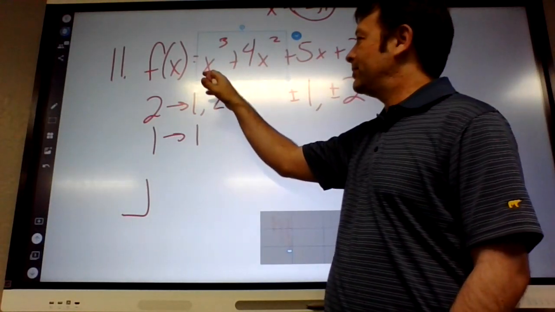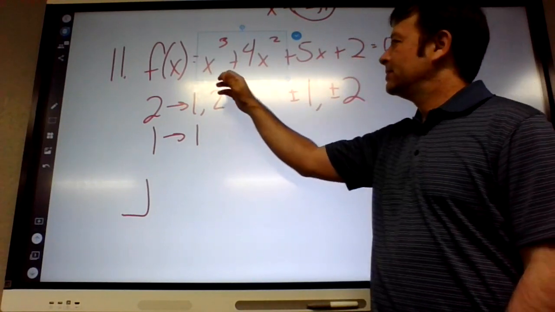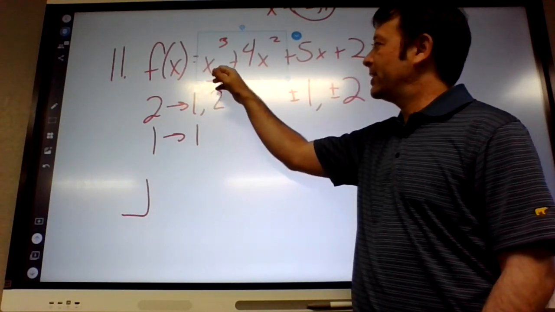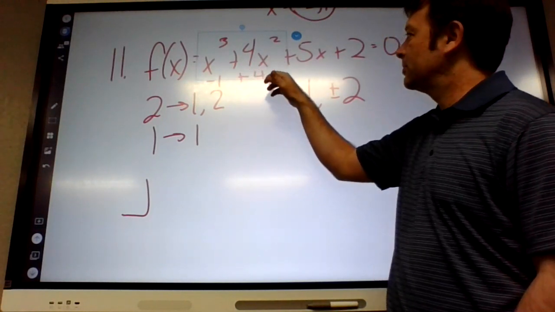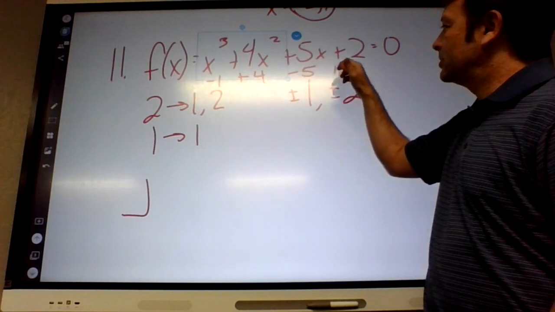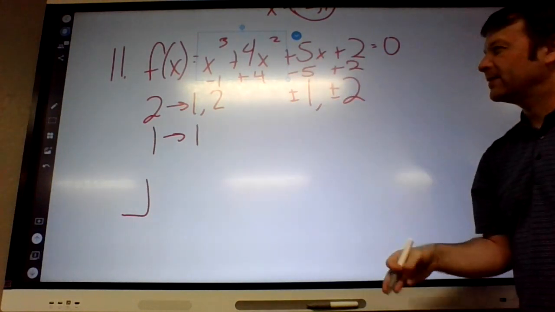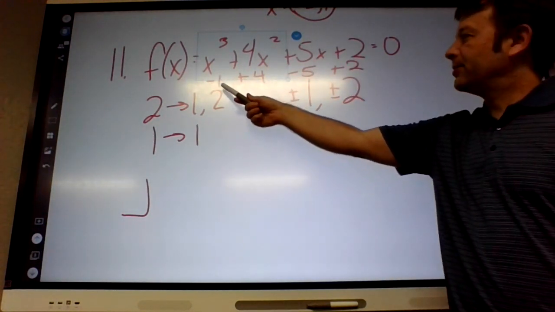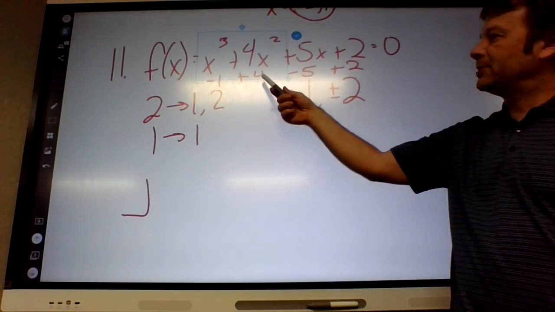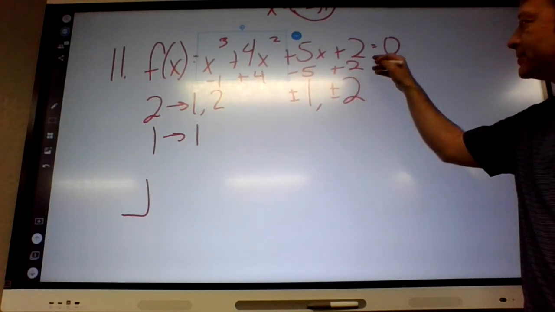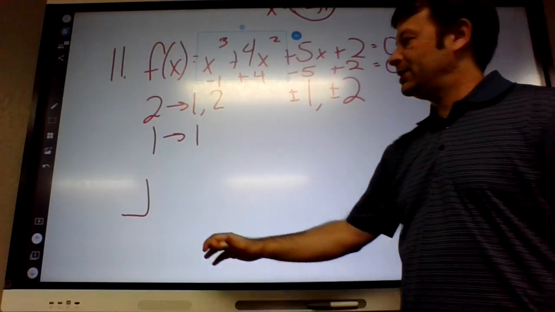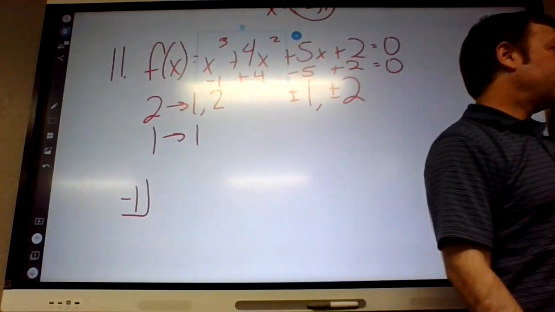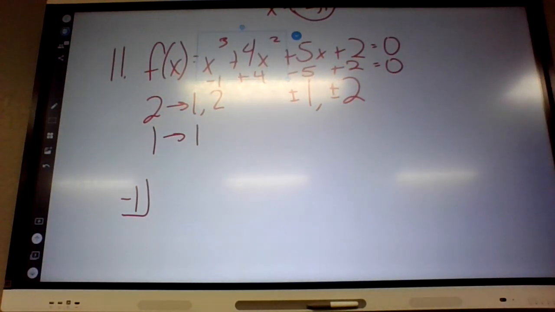But if I plug in -1, -1 cubed is -1. -1 squared is 1 times 4 is 4. 5 times -1. So that makes -6 with the negatives, +6 with the positives, and that does equal 0. So -1 is a 0 of the function. It does work. So that's one of my answers.